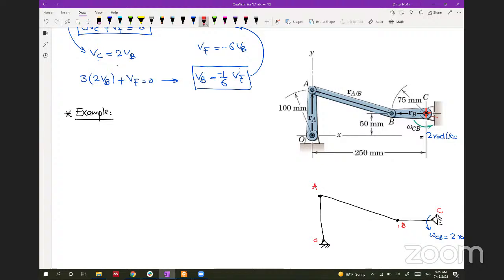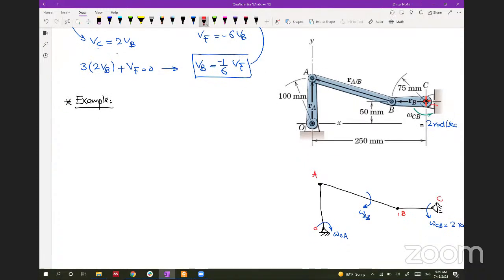If omega CB is going this way, the other bodies will go this way: this is omega AB, and omega OA will be moving this way. From here, we can get VB with respect to C, and C is not moving, so VB will be equal to VB with respect to C, in this direction. So this is the VB vector.